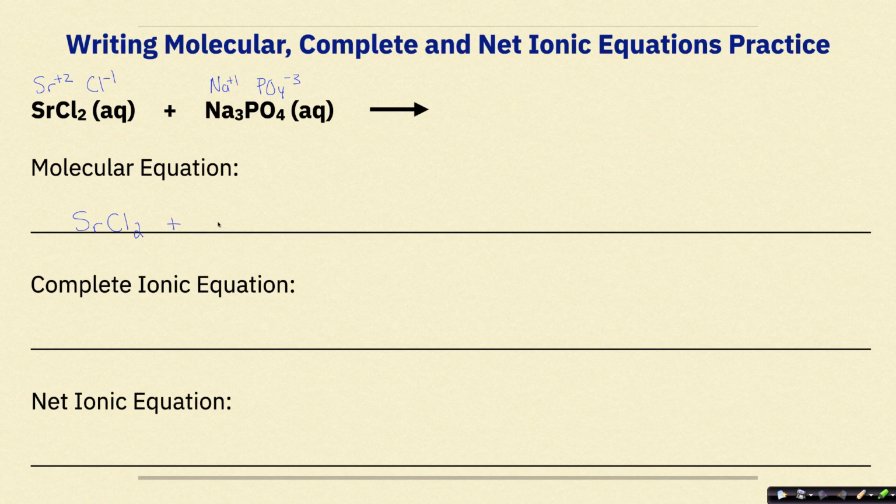SrCl2 plus Na3PO4. And then I'm going to say to myself, okay, the Sr plus 2 is going with the PO4 minus 3, and the Na plus 1 is going to go with the Cl minus 1.